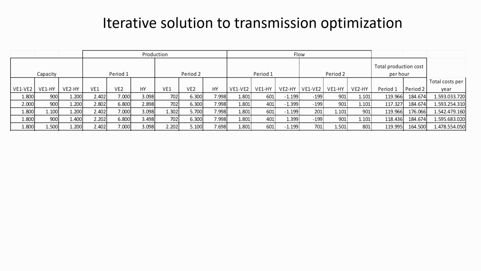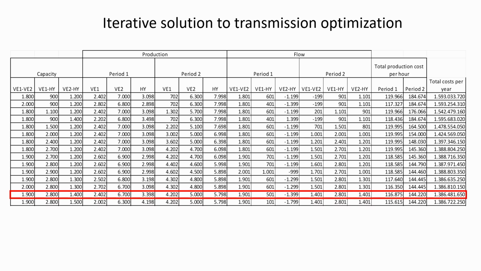I continue these calculations, and what I can see is that when I come to this case with these capacities, I will get the lowest value of the total cost per year.